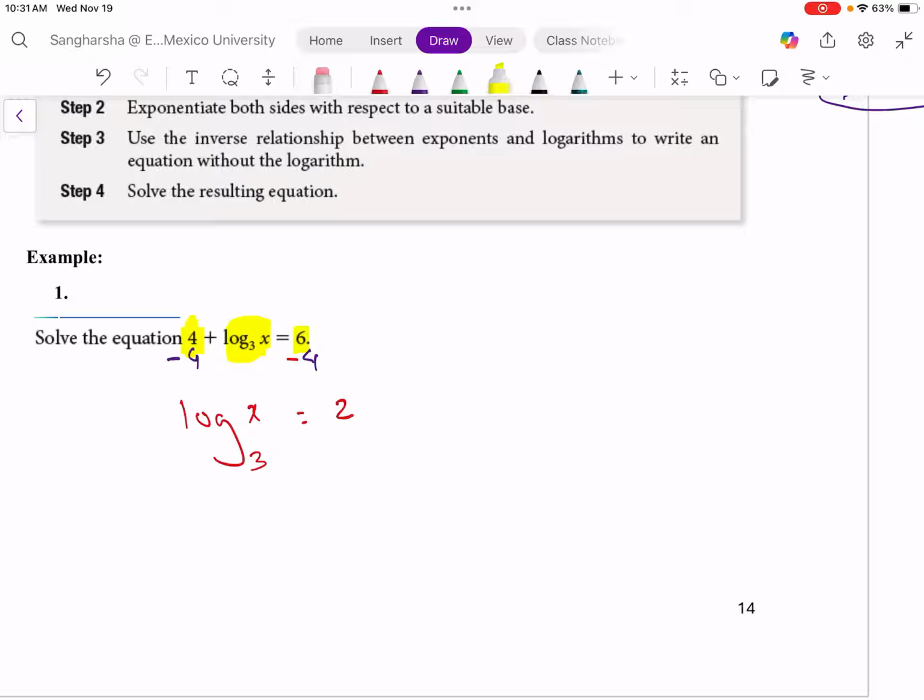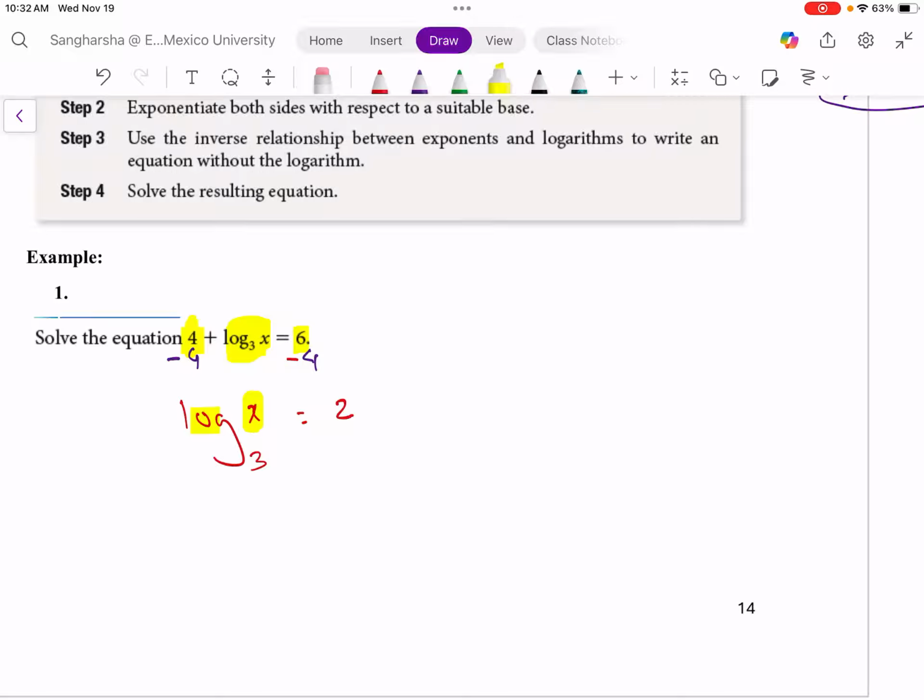Now, the next here, our target is solving for x. We want to have our x by itself on one side. Now, this x has a log, so we have to get rid of that log. How can we get rid of log? We can always rewrite our log into an exponential form.